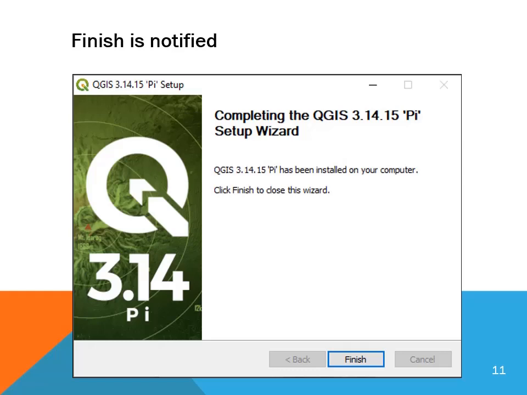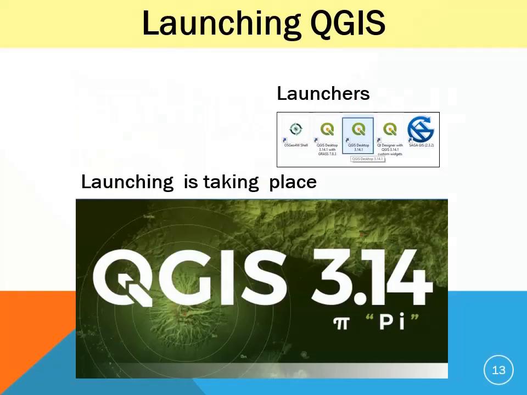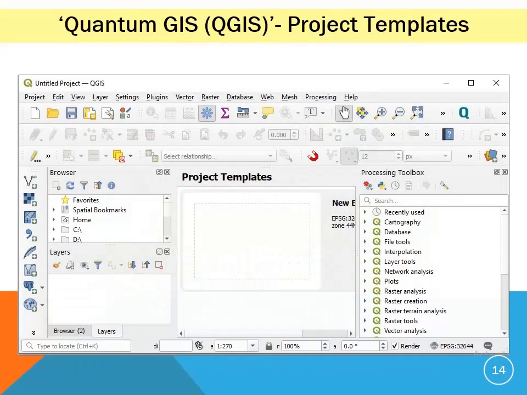You need to accept the finish. Now launchers will be available on your desktop. You have to launch by double clicking the icon, and soon the launching process will start. On completion of launch, the first look of the project template will be available to you.